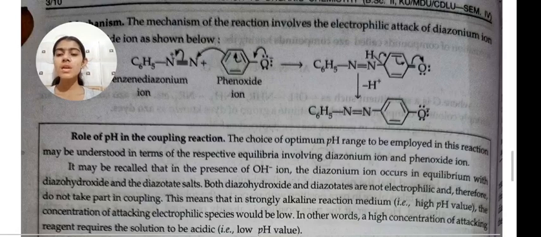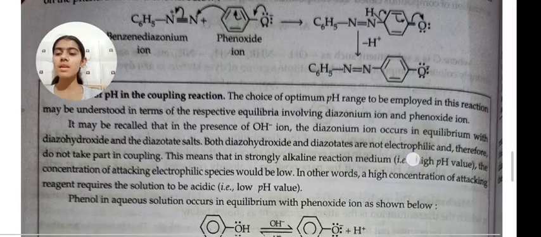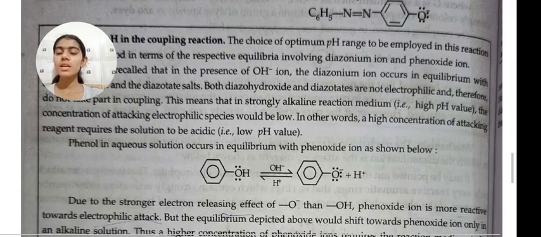Both diazohydroxide and diazotates are not electrophilic and therefore do not take part in coupling. This means that in a strongly alkaline reaction medium, that is, at high pH value, the concentration of the attacking electrophilic species would be low. In other words, a high concentration of attacking reagent requires the solution to be acidic, that is, low pH value. Phenol in aqueous solution occurs in equilibrium with phenoxide ion.